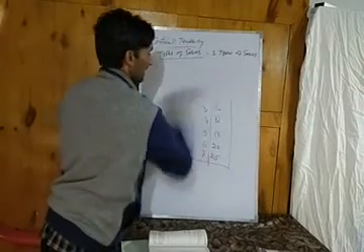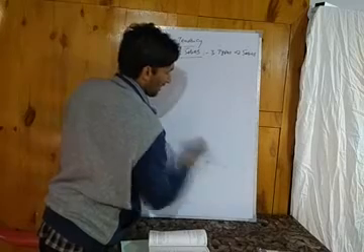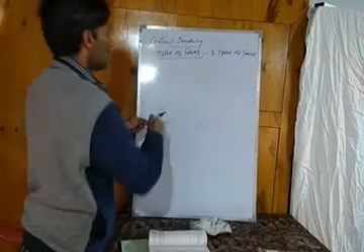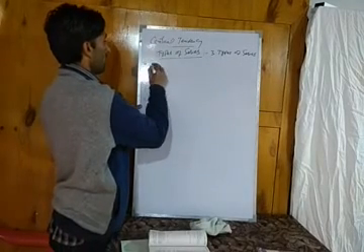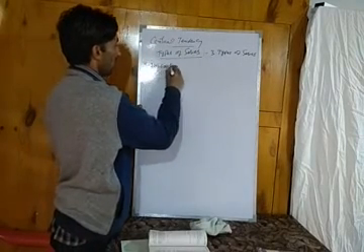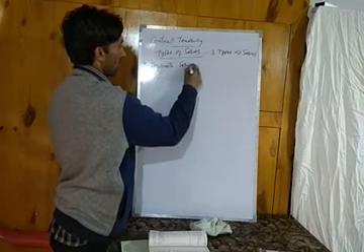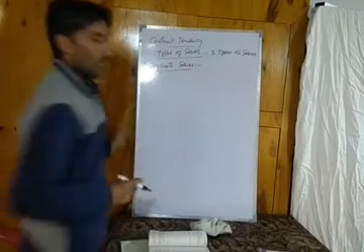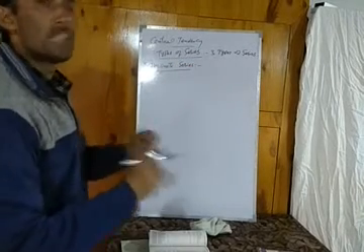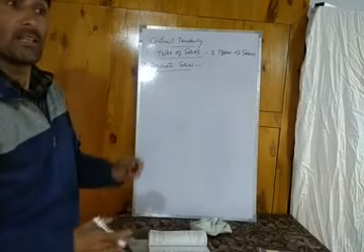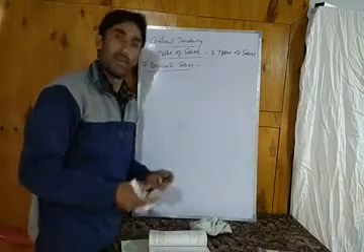Then we have the next series, that is discrete series. Here values are also shown discretely, separately, but each value has its frequency.